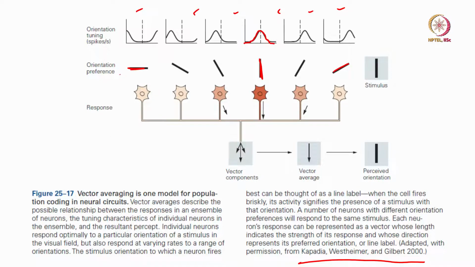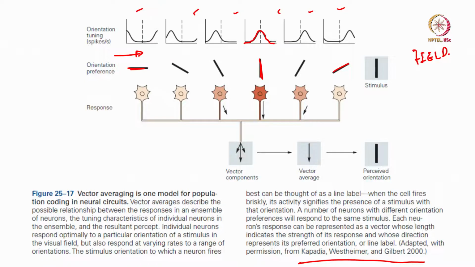But what happens is when you have a moving cycle of movement across the field, you have the neurons perceiving the movement and the direction of the line.